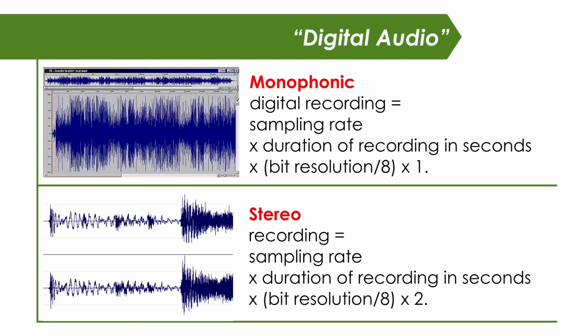Alright, so these are the formula untuk kita kira where mono digital recording is equal to sampling rate times duration of recording in seconds, and we multiply it with bit resolution over 8, and we times it 1. Why we multiply with 1? Because it is mono.